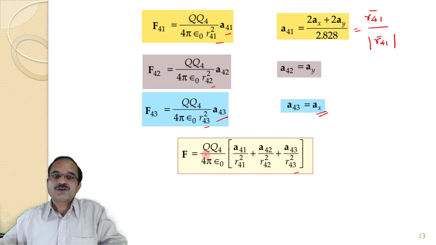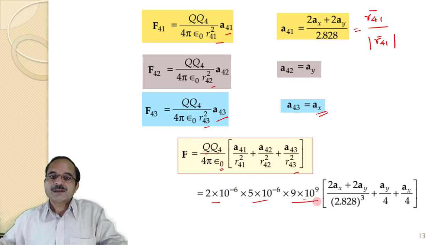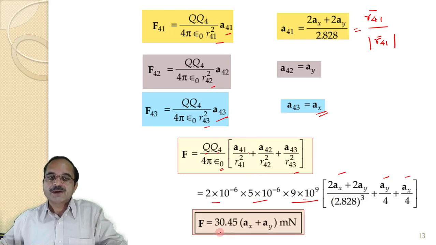So substituting values of Q, 2 microcoulomb, and Q4, 5 microcoulomb, and 1 upon 4 pi epsilon 0, that is 9 times 10 raised to 9, and substituting a41, a42 and a43, solving this gives me F equal to 30.45 ax plus ay millinewton.